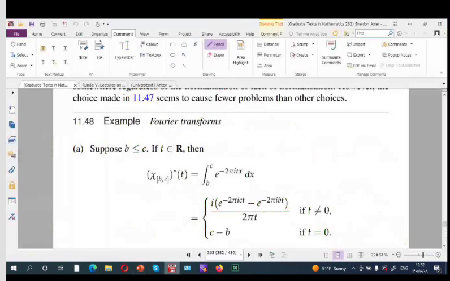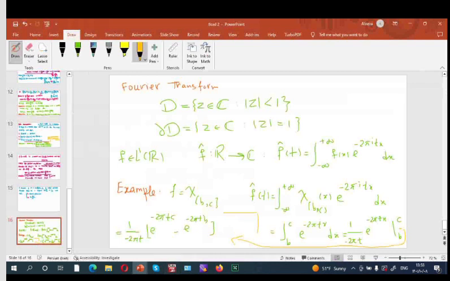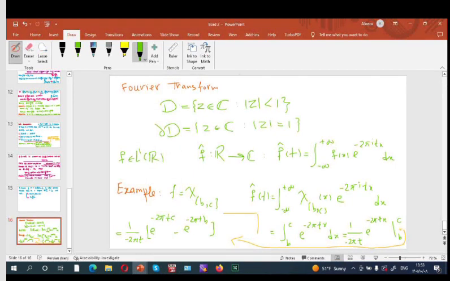And so I omitted i to pi because we have this i to pi i t x. And this is i and this is i.